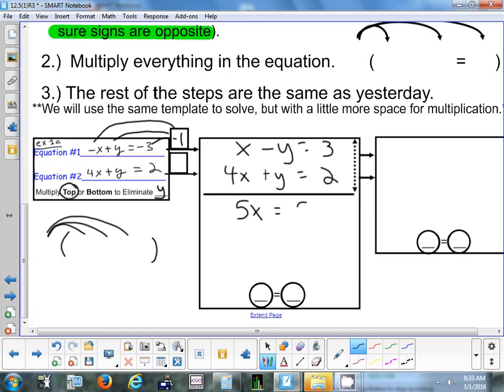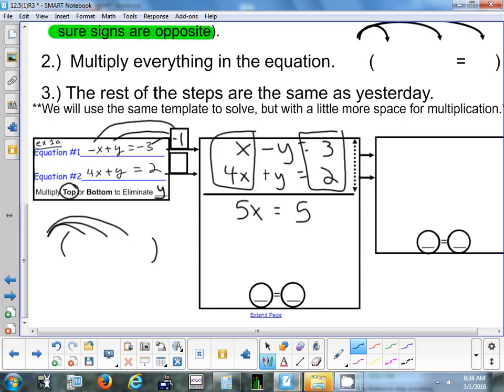Good. Again, just like we did yesterday, right? Do my addition up and down, vertically. I added the x's, and I added the numbers after the equal sign. I'm always going to be adding the numbers after the equal sign. Always. I'm never going to eliminate those. When I get to this step, I'm always going to be adding what's after the equal sign. Here, I'm either going to be adding the x's or the y's.